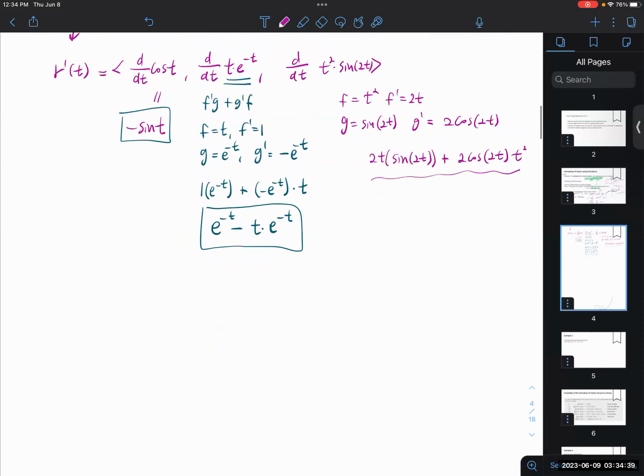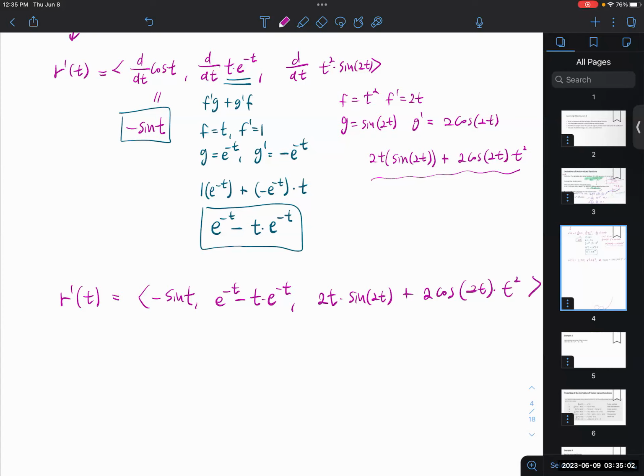So what happened? Our derivative, we got negative sine t, e to the negative t, t times e to the negative t, 2t. It's a little bit long, but sine 2t, 2 cosine 2t, and t second power.